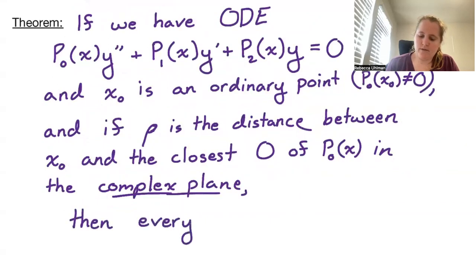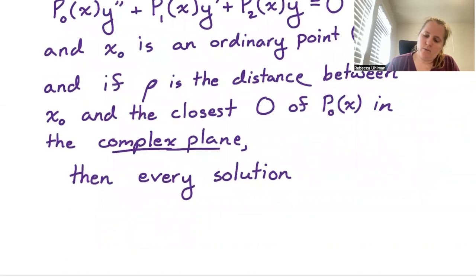every solution can be written in the form y is equal to the sum from n equals 0 to infinity of a sub n times x minus x naught raised to the n.